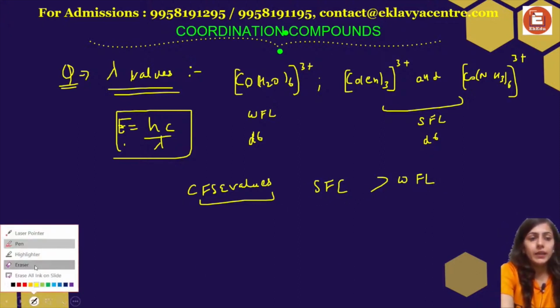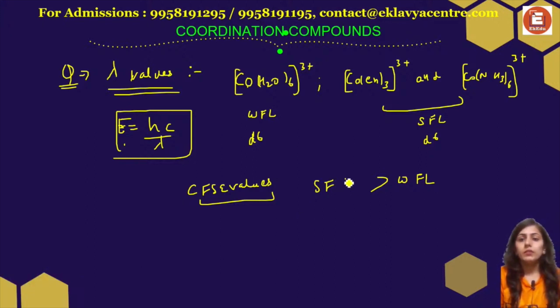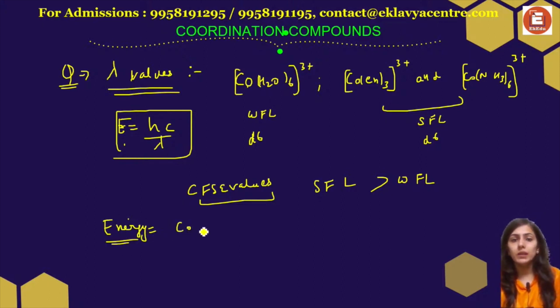Therefore, if I arrange the increasing order of energy, energy means CFSE values.